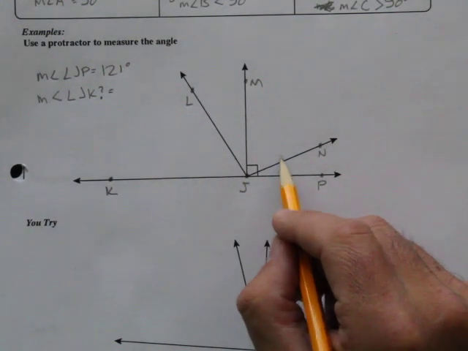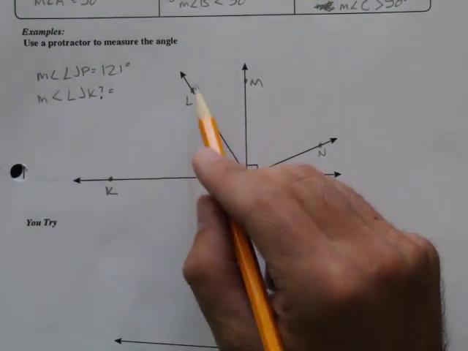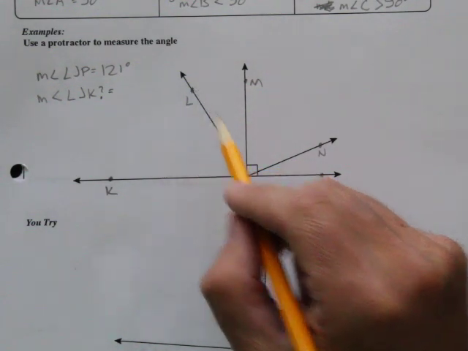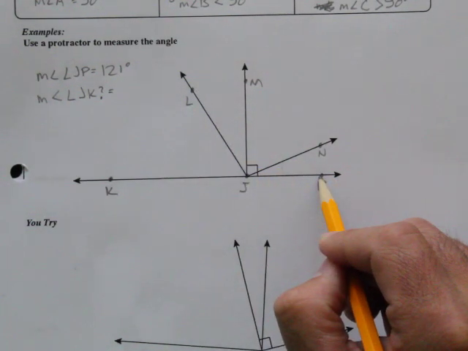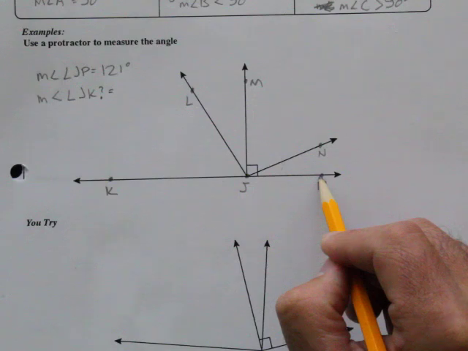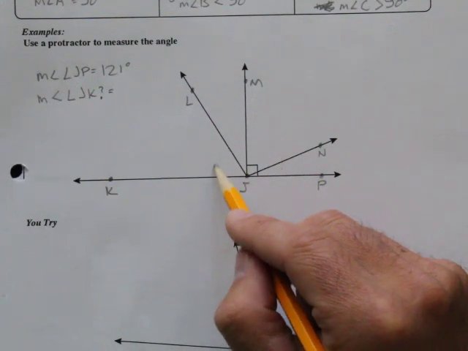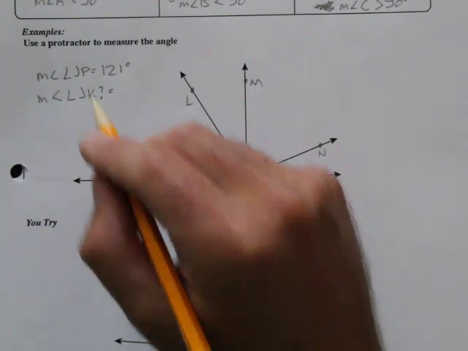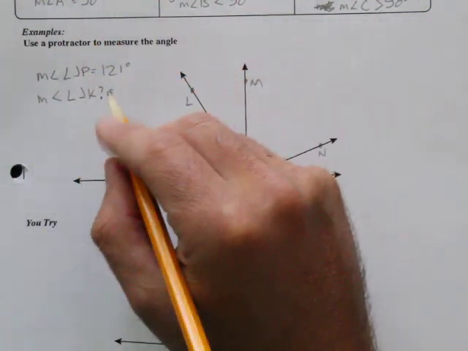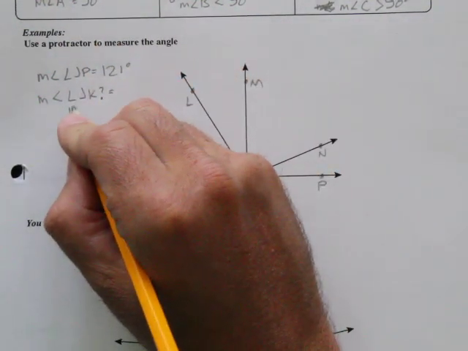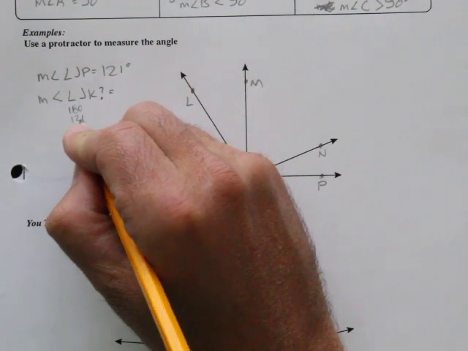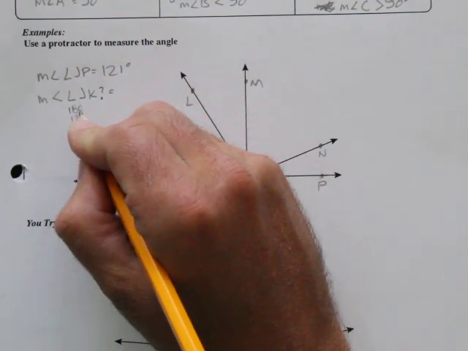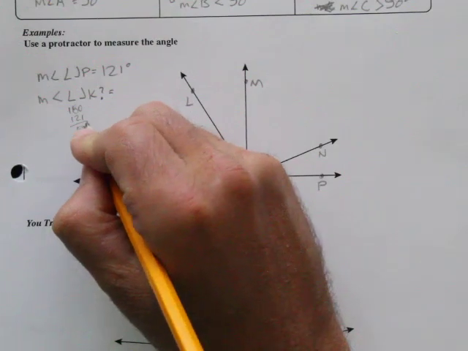So if this whole thing is 180 degrees, and LJP is 121 degrees, that means what we have left over here, LJK, is going to be 180 minus 121, which is 59 degrees.